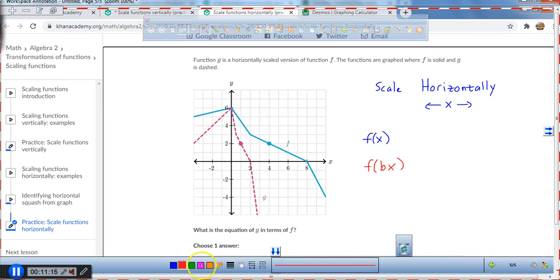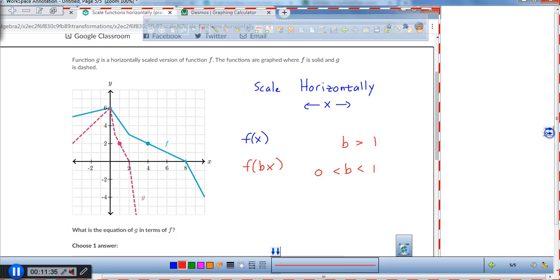However, if I have a function here and I'm multiplying the x by this value of b, we're going to talk about two different things. If b is greater than 1, that's going to be different than if b is less than 1 but greater than 0.